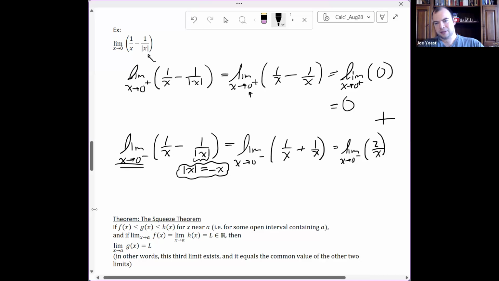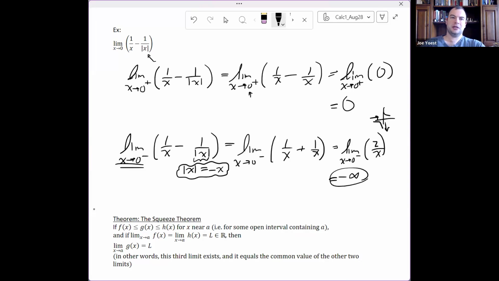And just quickly drawing a little schematic here, as we're approaching 0 from below, clearly this is yielding outputs that are heading toward -infinity. I can make 2 over x as large negative as I like by choosing values of x strictly less than 0, but sufficiently close to 0.